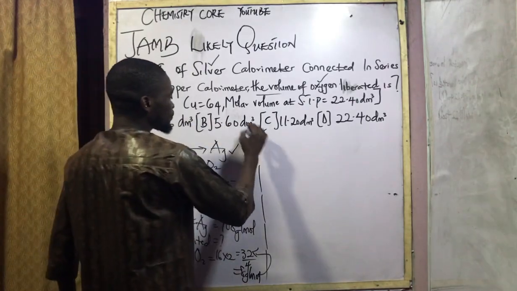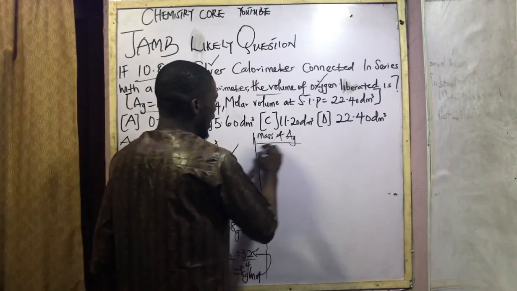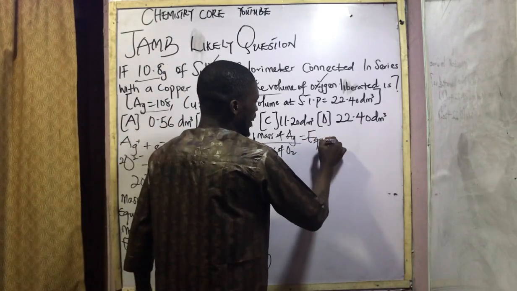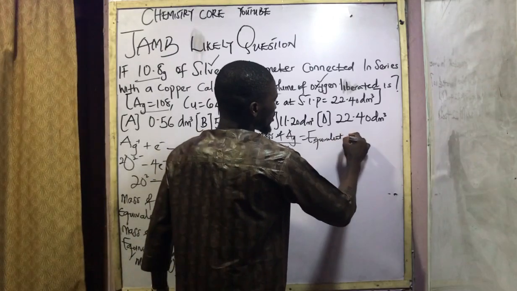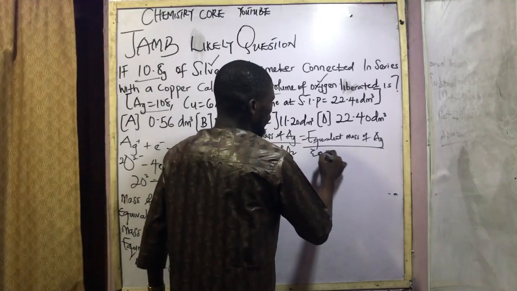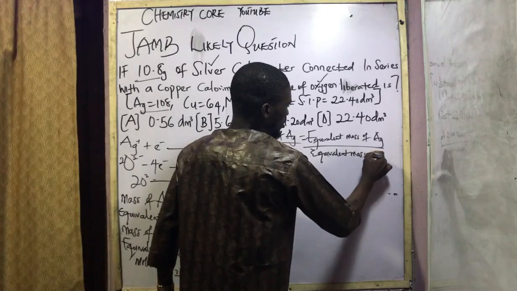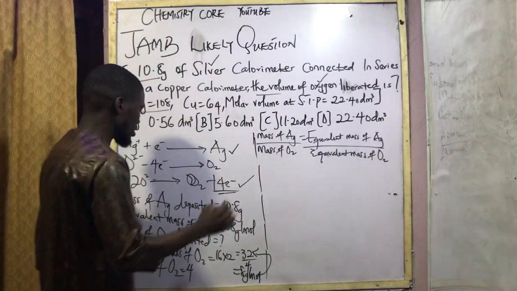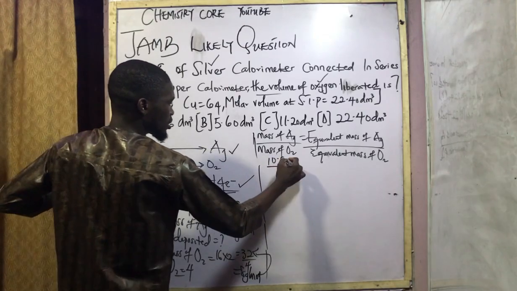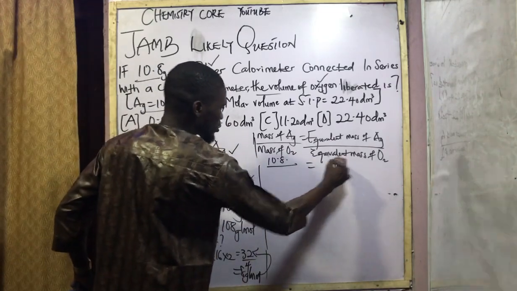We can say mass of Ag over mass of oxygen gas is equal to equivalent mass of Ag over equivalent mass of oxygen gas. So guys, the mass of Ag is 10.8. Equivalent mass of Ag is equal to 108.